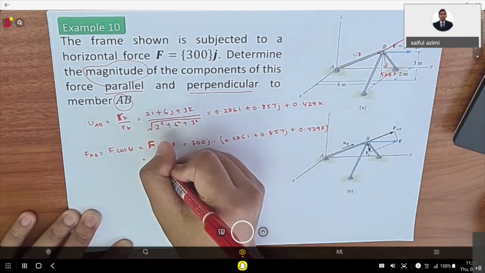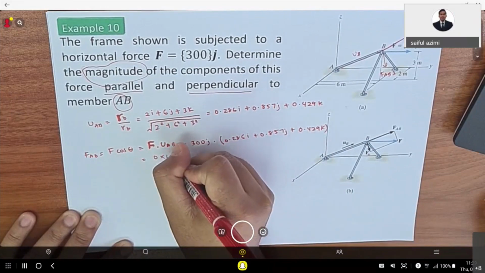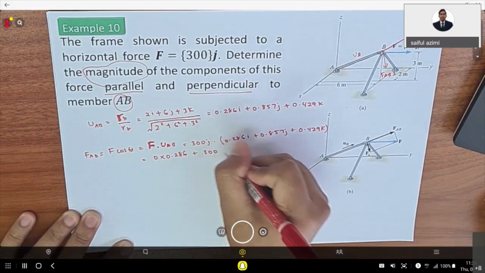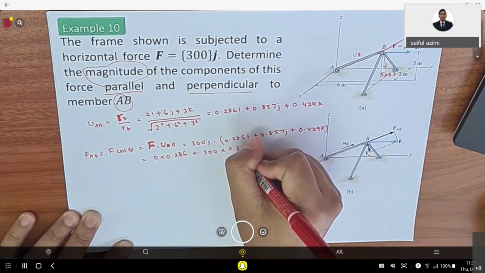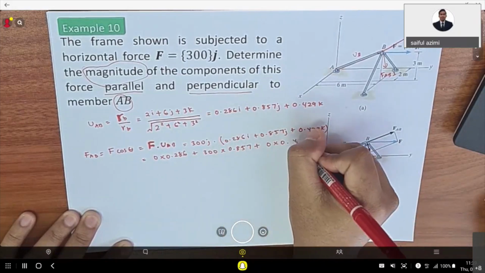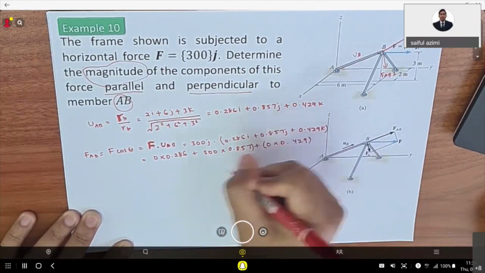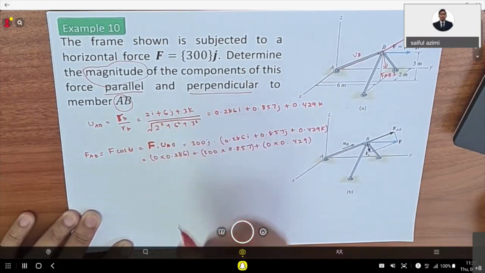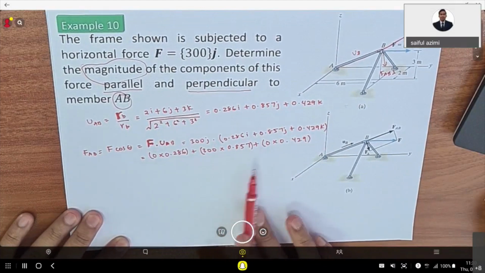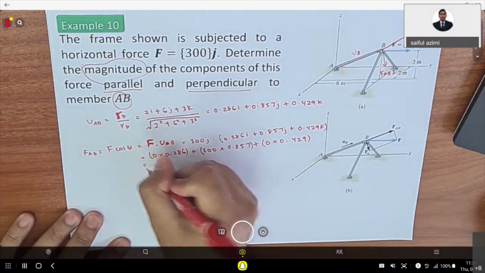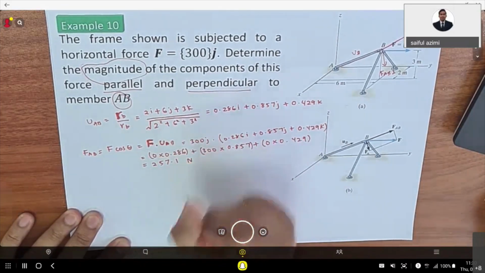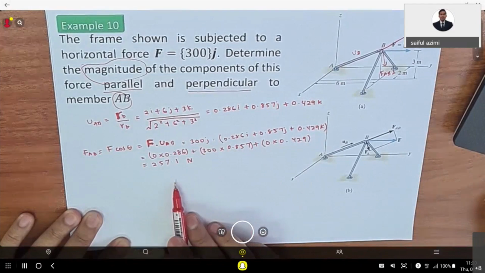You can simply write 0 multiplied by 0.286, plus 300 multiplied by 0.857, plus 0 multiplied by 0.429. And then you remove the ijk, because the answer will be a scalar, not a vector. After this you will get the answer of 257.1 Newton. So this is your answer.